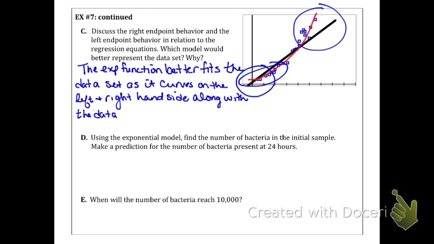Now, just with the data they gave us, it doesn't mean the power regression is a bad function, it just means the exponential is better, okay?